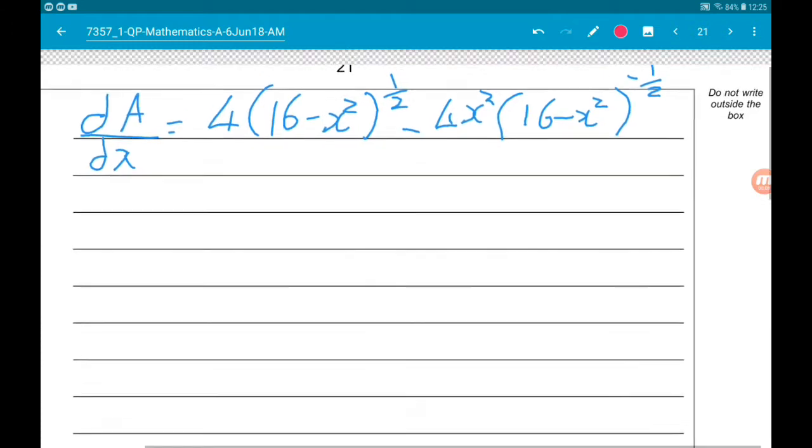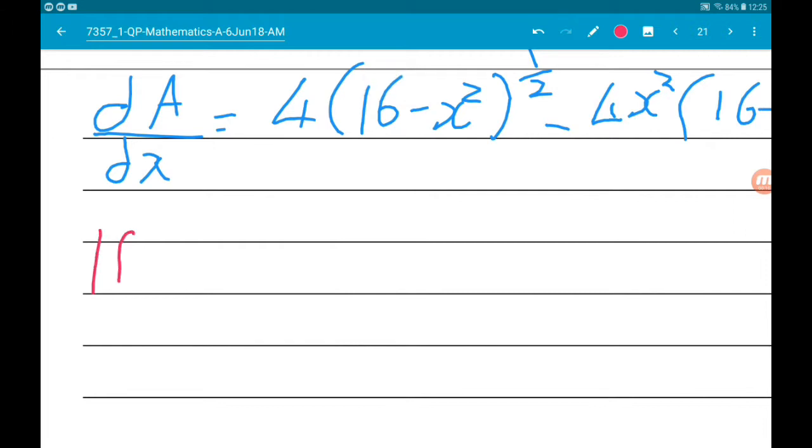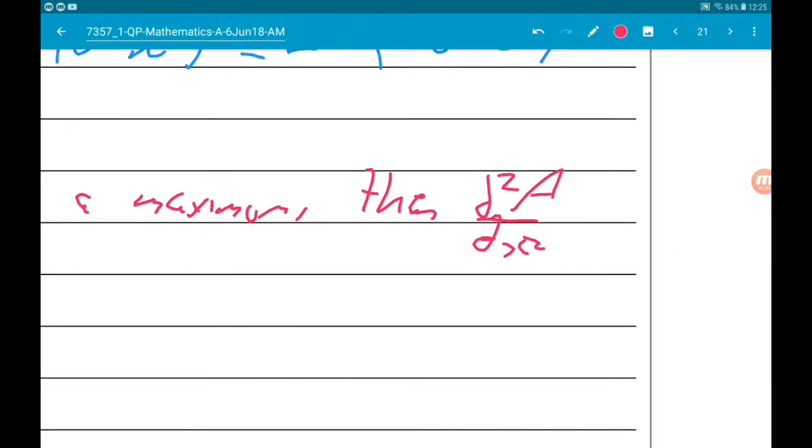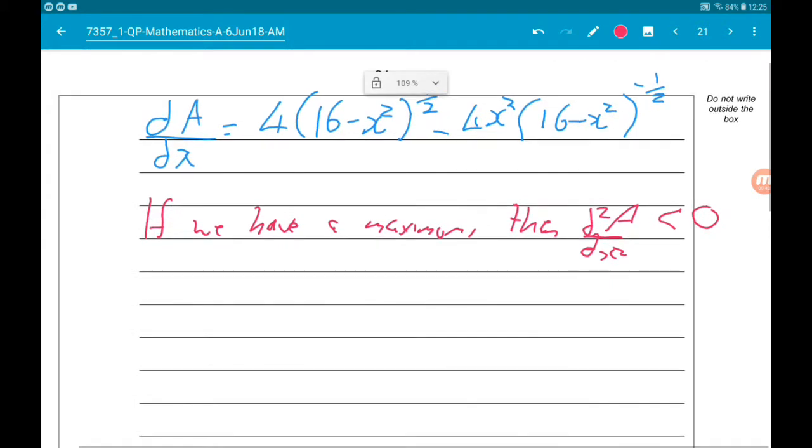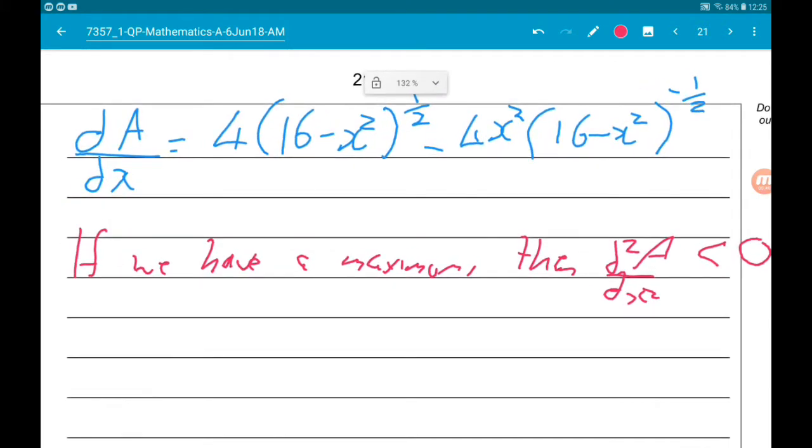So if we have a maximum, then our second derivative, d squared a over dx squared, will be less than 0. So we need to differentiate this again.